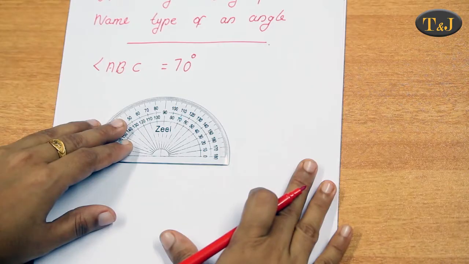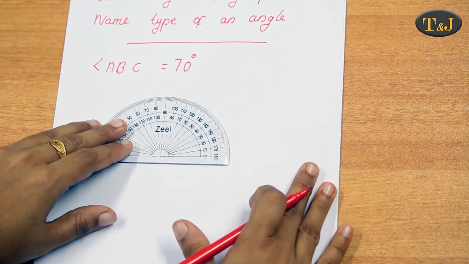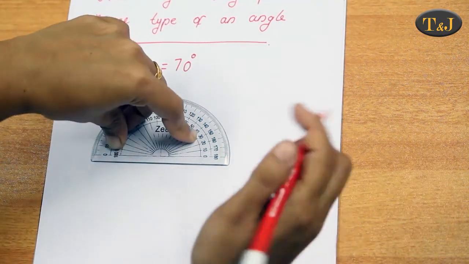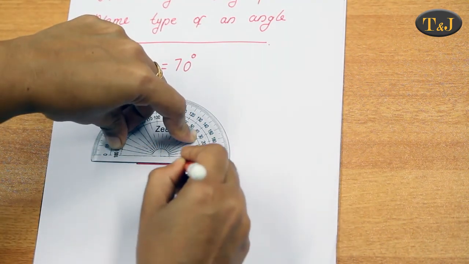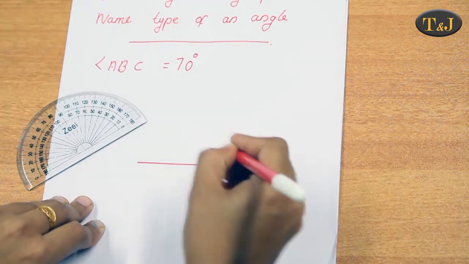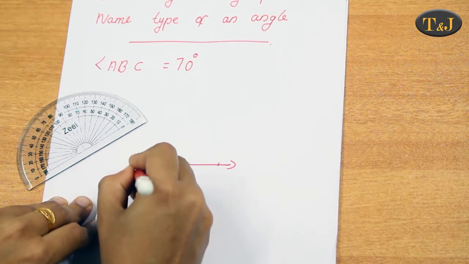Our next heading is draw the angle using protractor and also name the type of an angle. Our first example, angle ABC equal 70 degree. First we draw a ray and put its name BC.